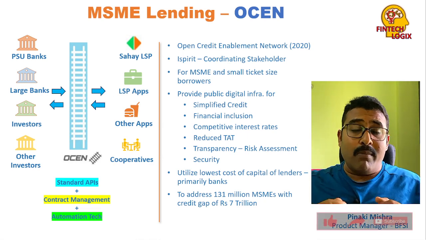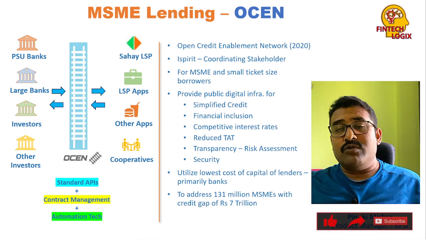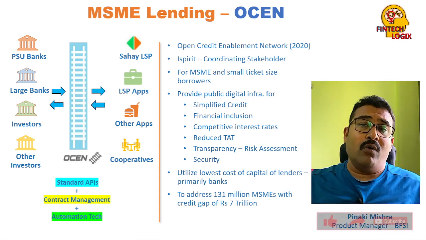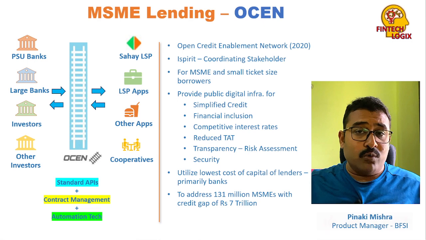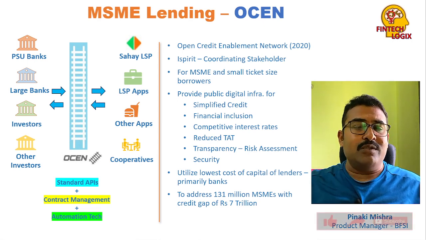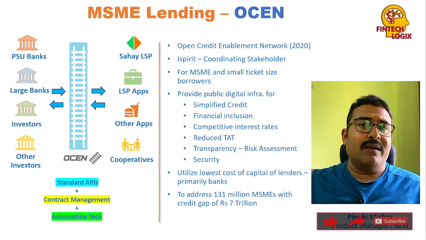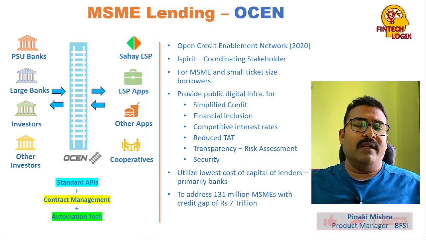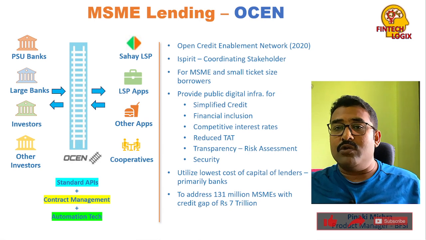Now, this is probably the biggest advantage of OCEN, where borrowers will now get the benefit of choosing a loan with a lower or competitive interest rate, and probably the kind of loan that suits their need the most. That is where this will leverage the benefit that bigger banks get in terms of lower cost of funds and offering lower interest rate loans to end customers.